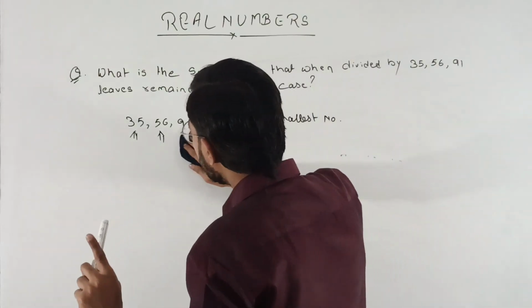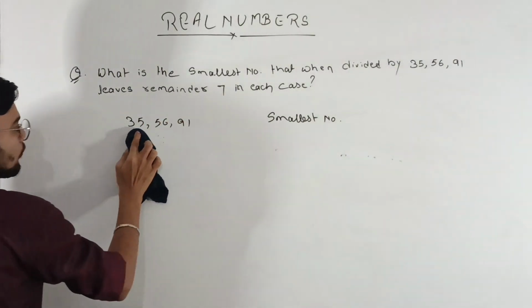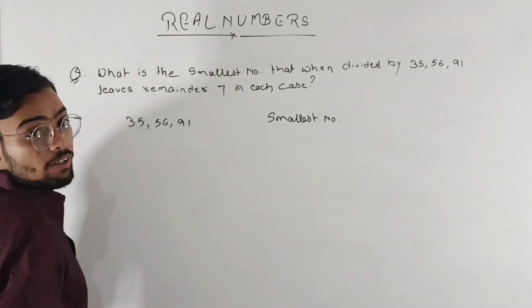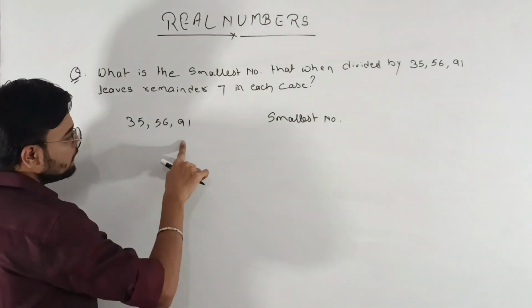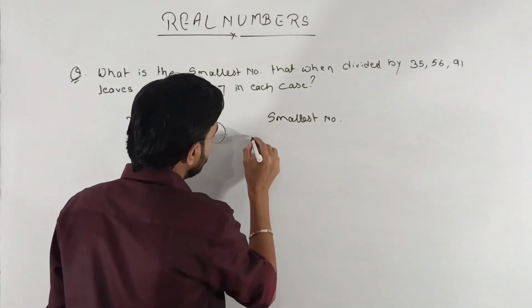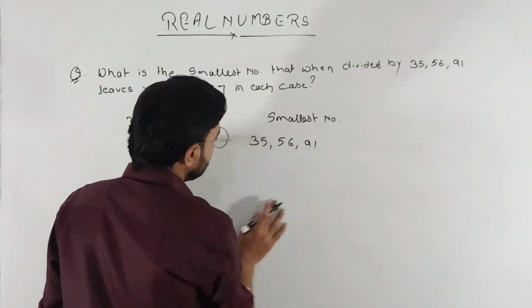And in case of greater than given data, we have to find the LCM. So we have to find the LCM of 35, 56 and 91.